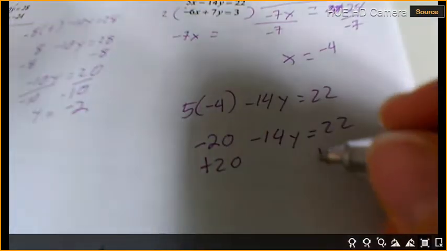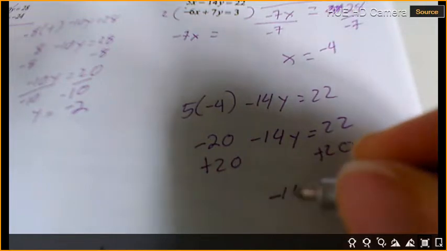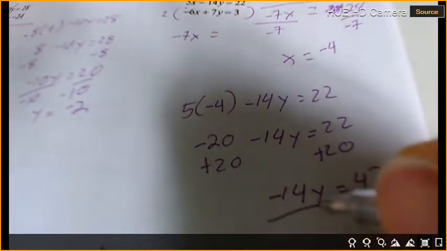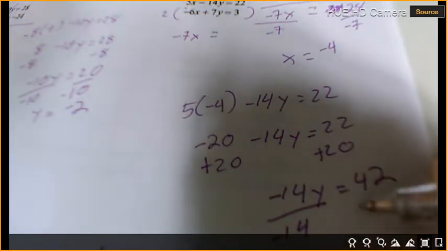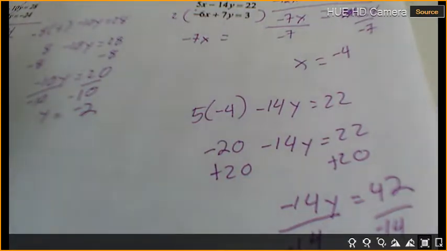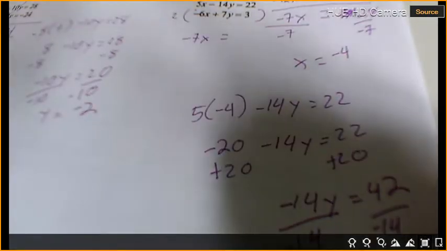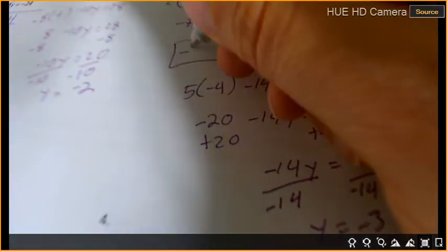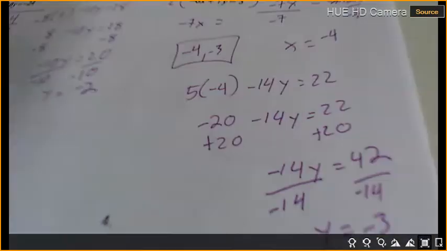I'm going to add 20 to both sides. Negative 14y equals 42. Divide that by negative 14. And we get what? We get negative 3. So remember, to make it final, you have negative 4, negative 3 is your answer.